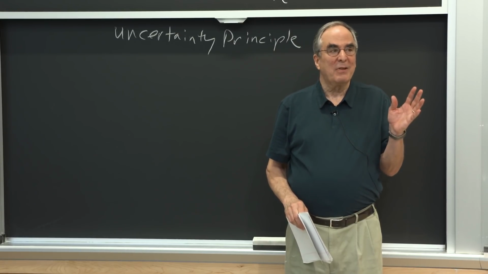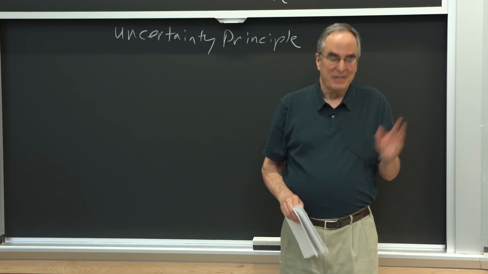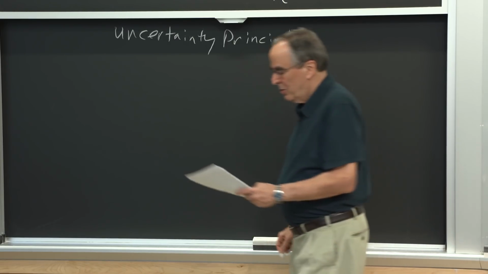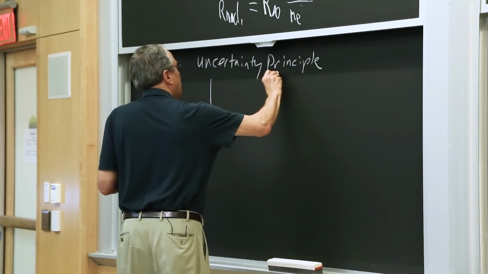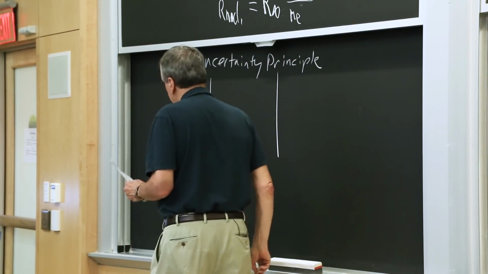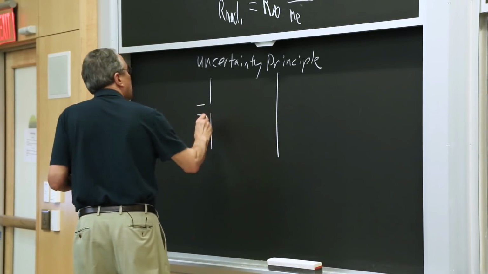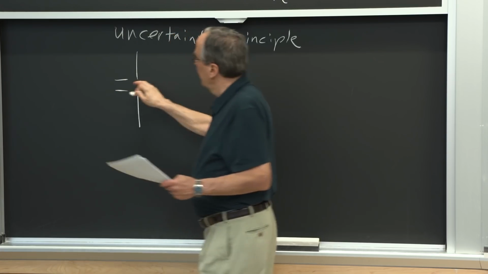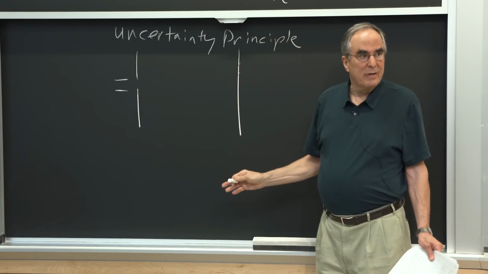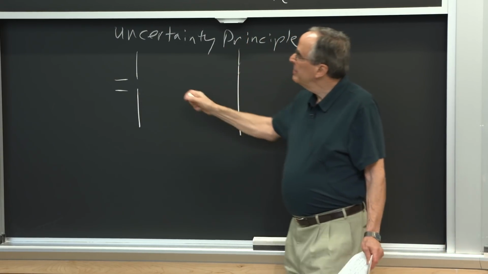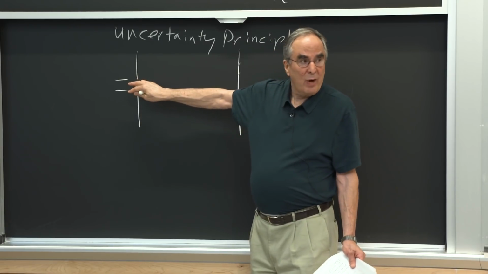But it's also something that you can have in optics. And so, again, we resort to this simple idea of sending a particle through a slit and looking at what happens over here. Okay, instead of having two slits, we just have one.